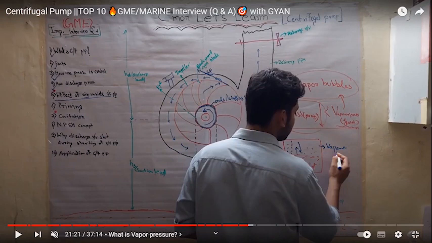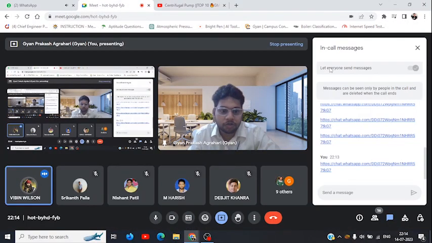Okay, when there is a liquid, there is always evaporation and condensation, because evaporation does not happen only at the boiling point. It happens at any temperature, and if you heat it, the vapor formation becomes more.